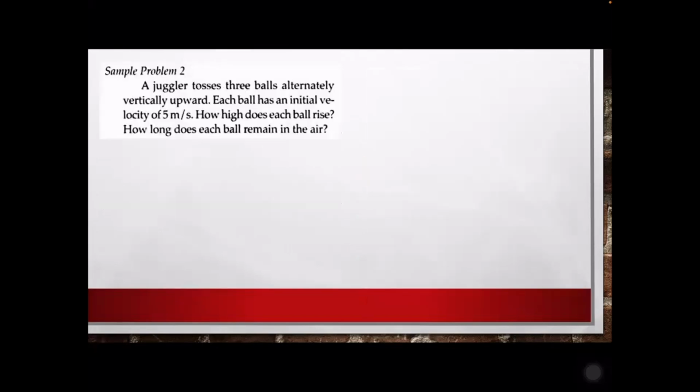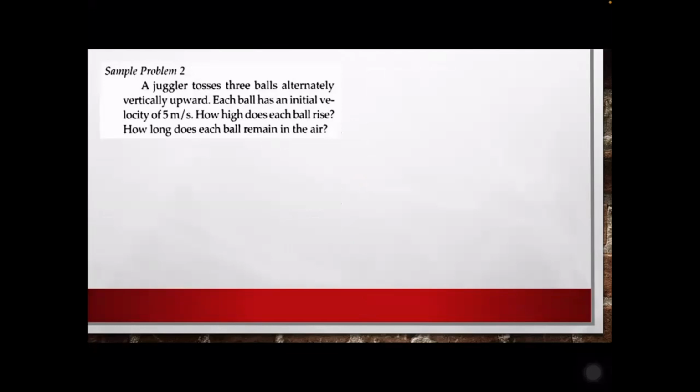So here we have the problem. A juggler tosses 3 balls alternately vertically upward. Each ball has an initial vertical velocity of 5 meters per second.